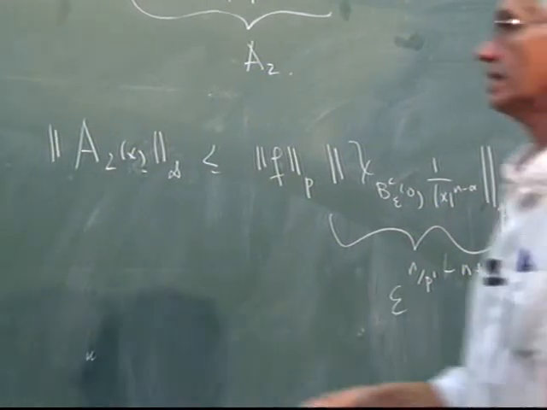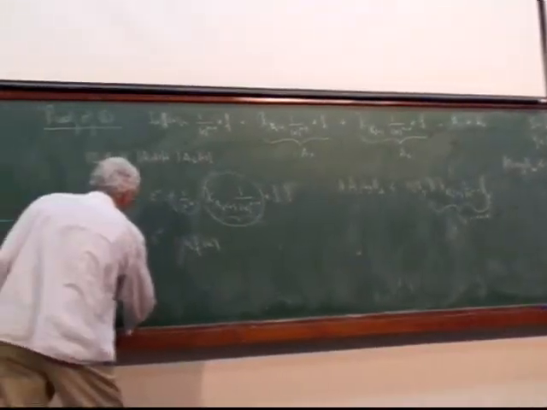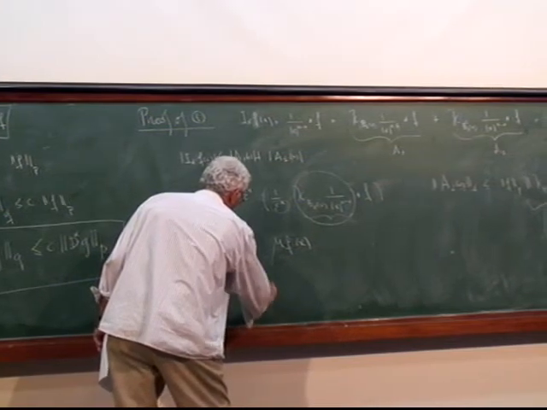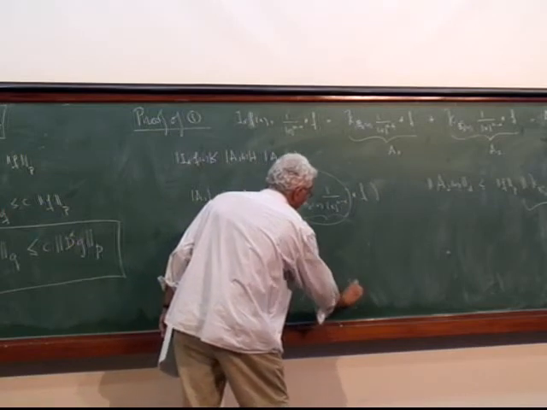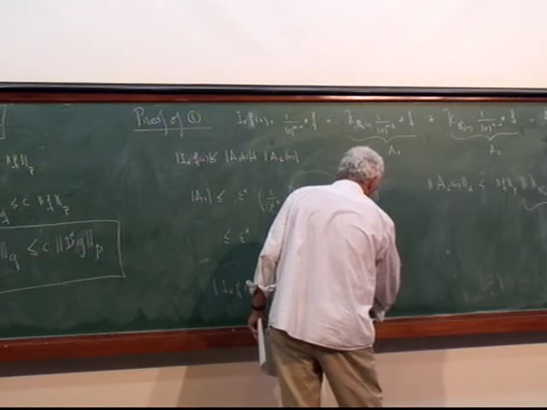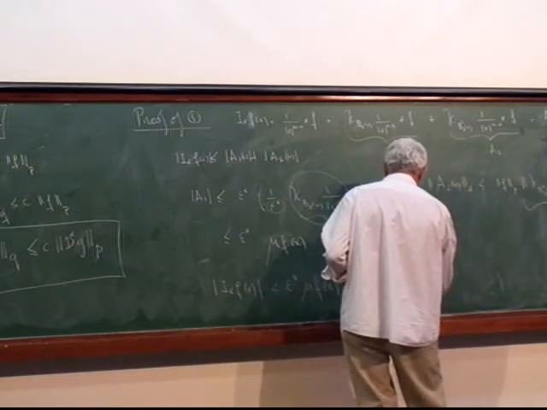Now you have that this piece is bounded by the maximal function at x plus the norm of f in LP times epsilon to this power.